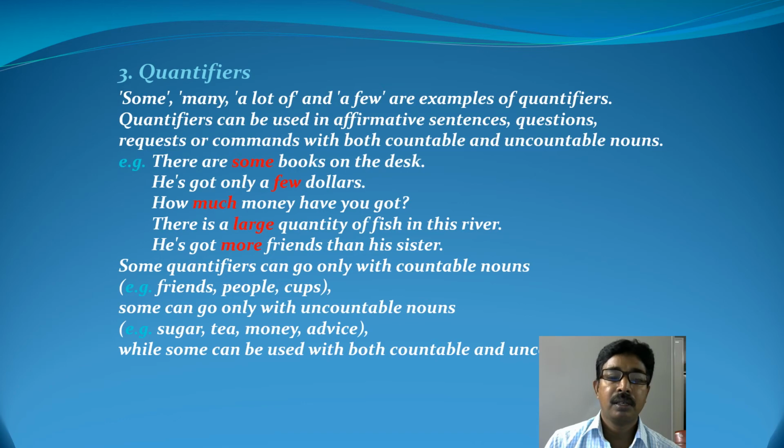Example, friends, people, cups, etc. Some can go only with uncountable nouns. For example, sugar, tea, money, advice, etc. While some can be used with both countable and uncountable nouns.